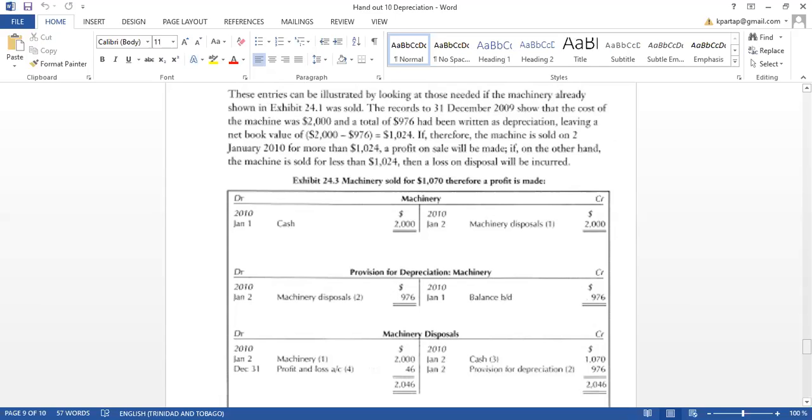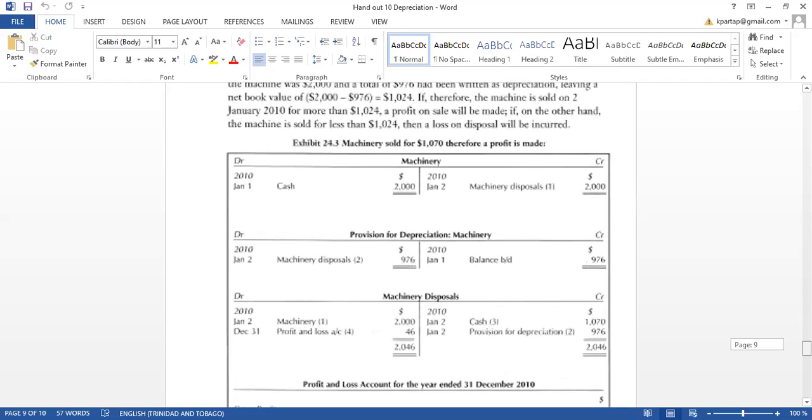If therefore the machine is sold on 2nd January for more than 1,024, a profit on sale will be made. If, on the other hand, the machine is sold for less than 1,024, then a loss on disposal is incurred. So that's pretty straightforward, right? So the actual accounting for it.